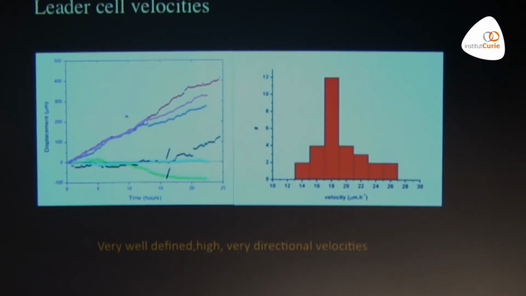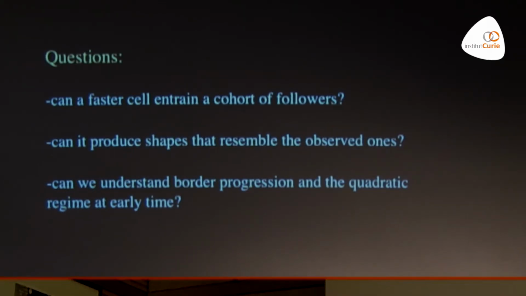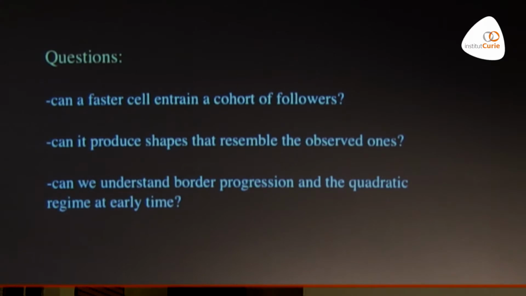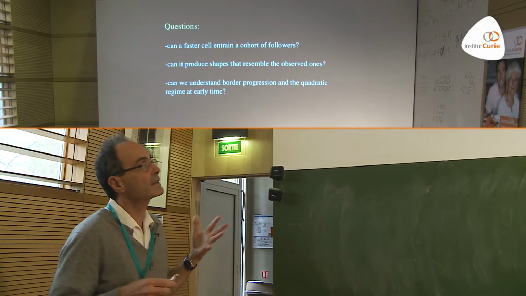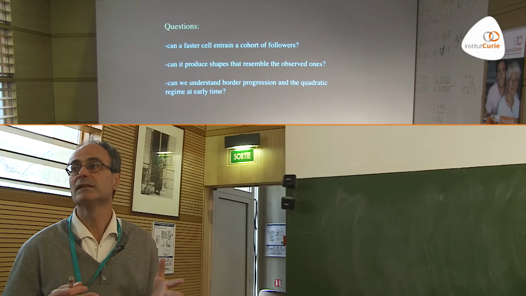You see that they move at a rather constant velocity, and here you see the distribution of velocity. So they are faster than the mean velocity in the bulk and very directional. So the question you can ask is, if I put a faster cell in a bulk of these other cells, can I produce things that resemble what I see?